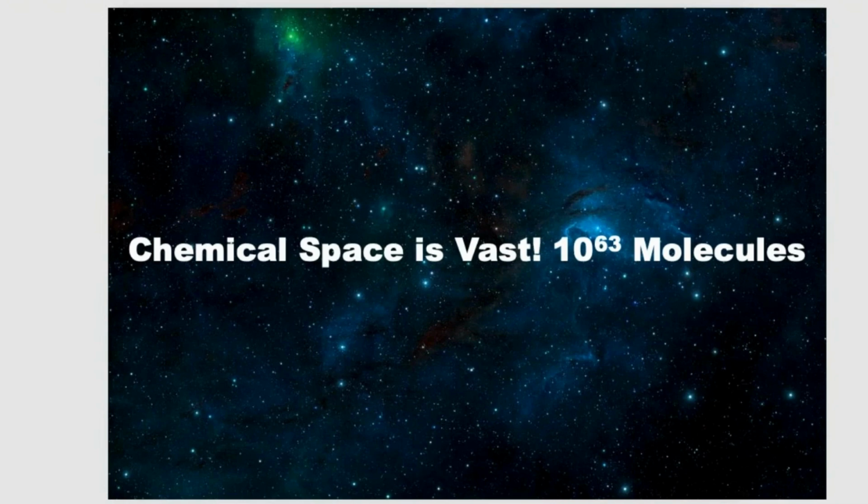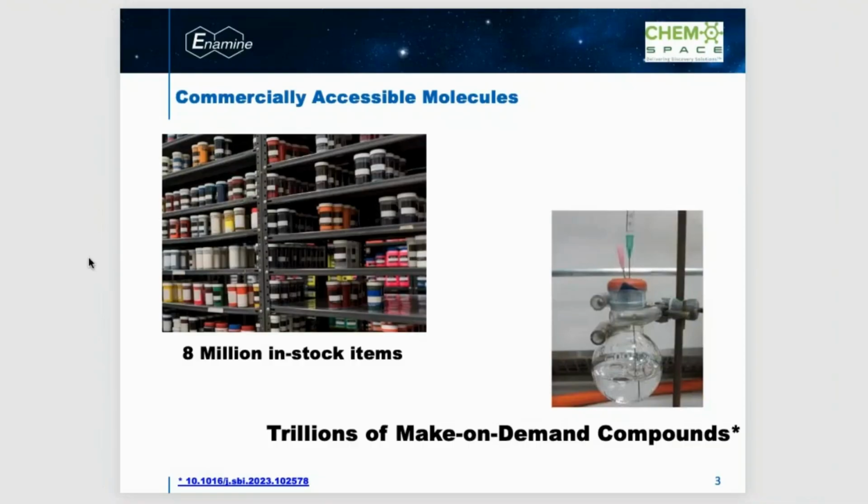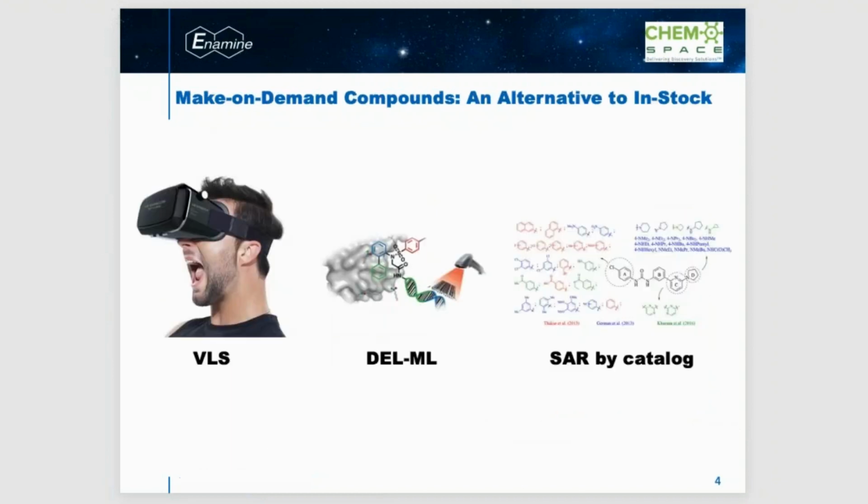The chemical space is vast, and really it's something that unbelievably can be generated, and commercial availability, we're talking about really a tiny portion of the chemical space. So that's approximately 8 million in-stock items and trillions of make-on-demand compounds.